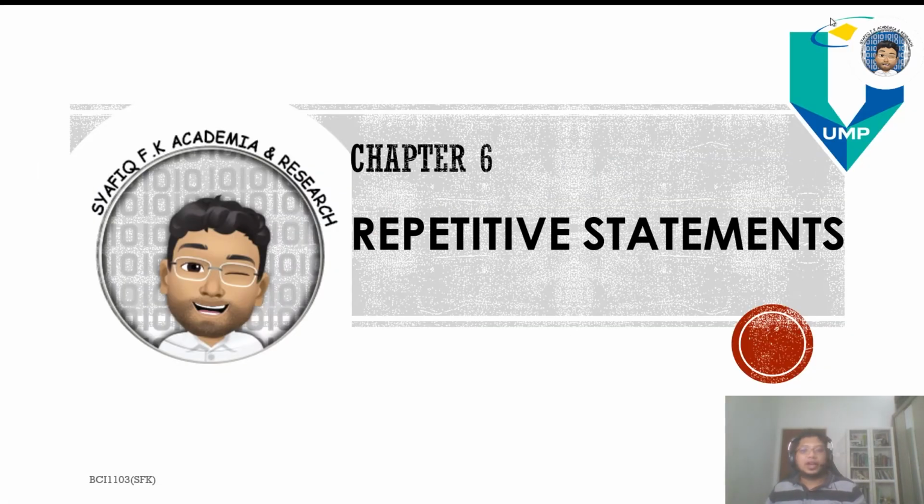Next is about last week's lab sheet, the lab exercise. I guess a lot of you got stuck in question number 1. You are figuring out what is the problem with question number 1. I cannot get the exact output as what the output shows.